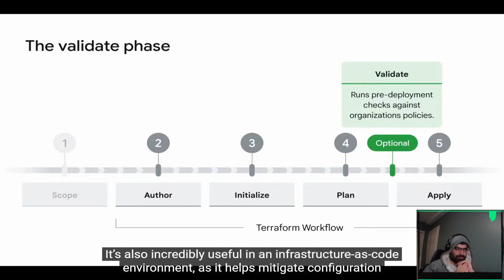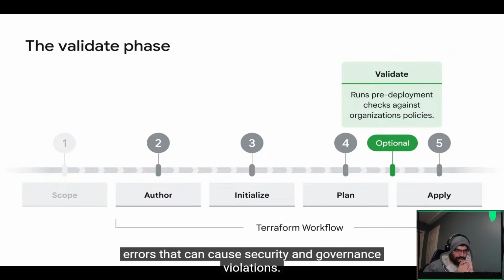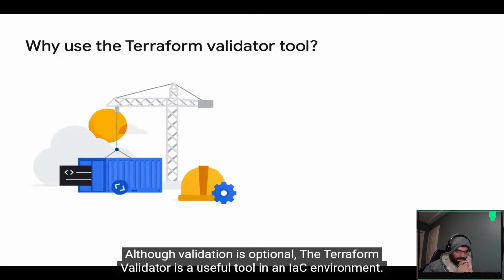It's also incredibly useful in an infrastructure as code environment as it helps mitigate configuration errors that can cause security and governance violations. Although validation is optional, the Terraform Validator is a useful tool in an IaC environment.